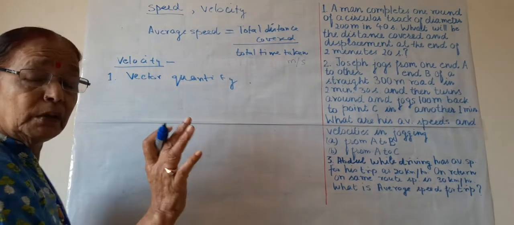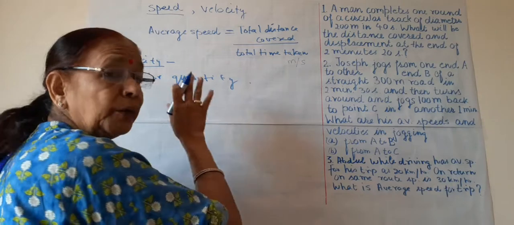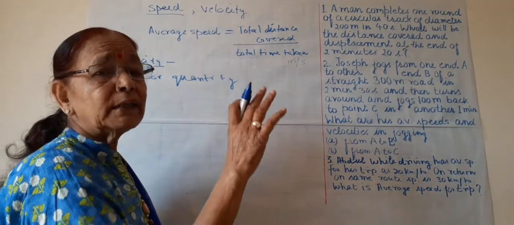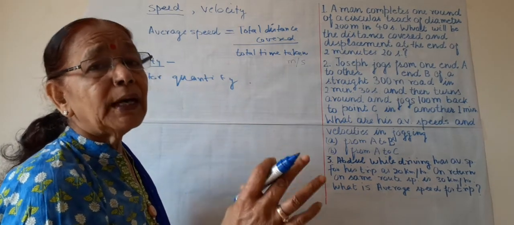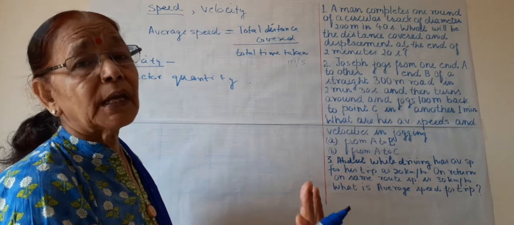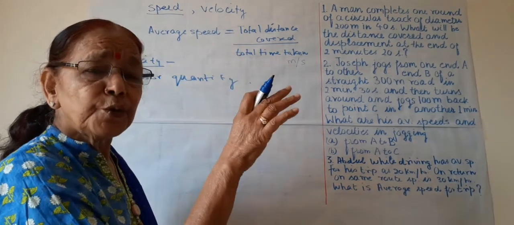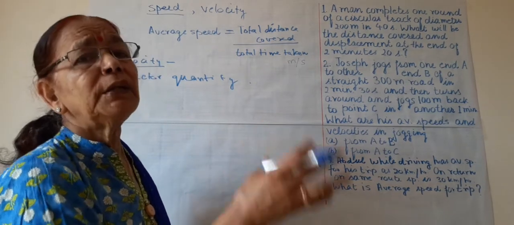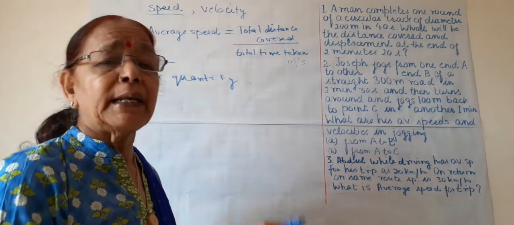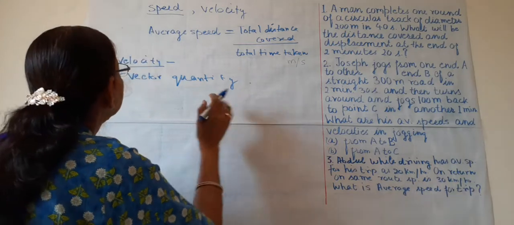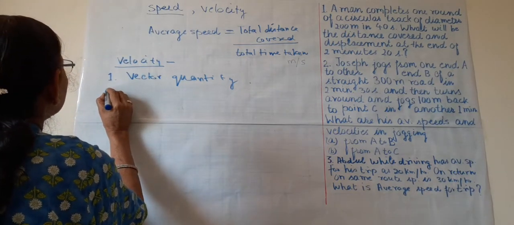Now, you all know what is vector. Vector is where magnitude as well as direction is taken into consideration. For vector, we need to know the magnitude or the numerical value and direction both. So velocity is a vector quantity.